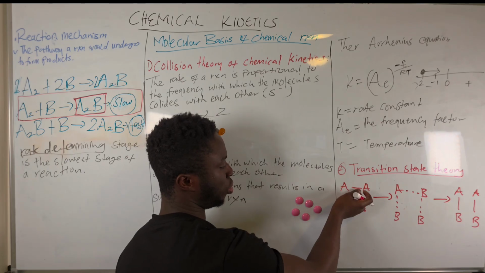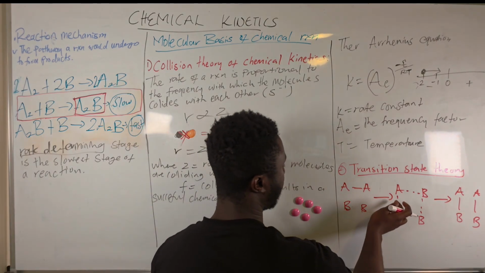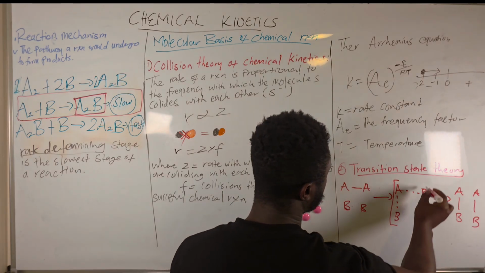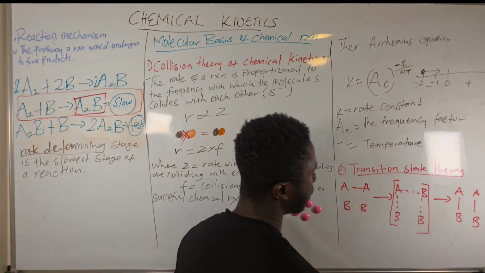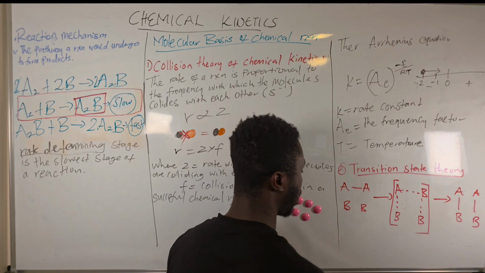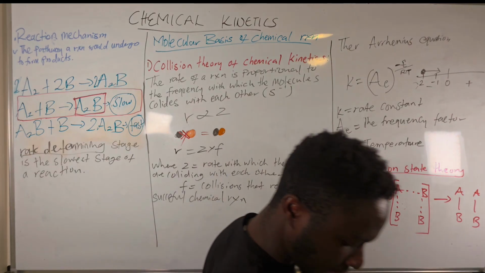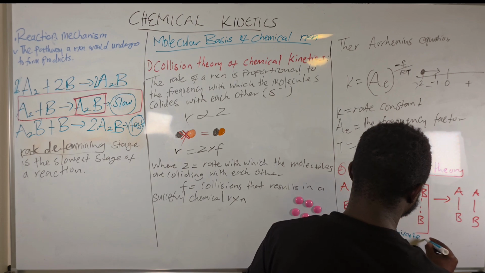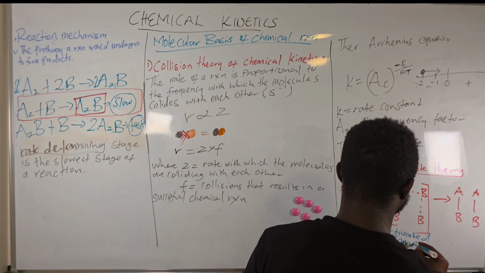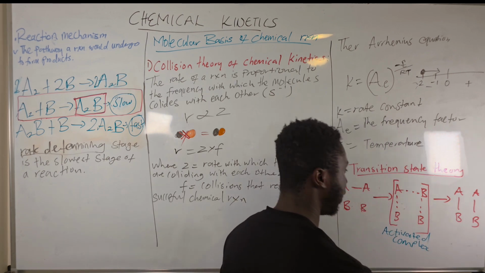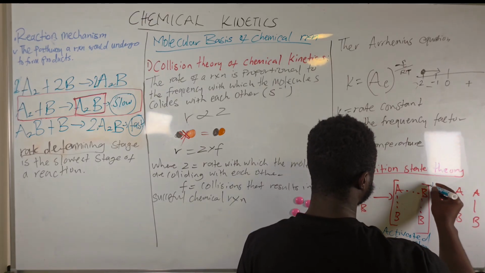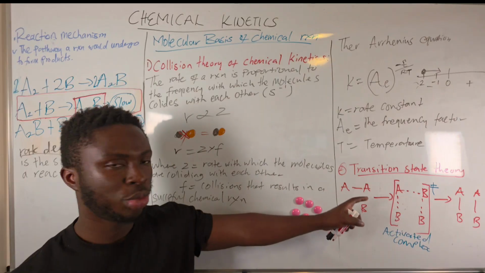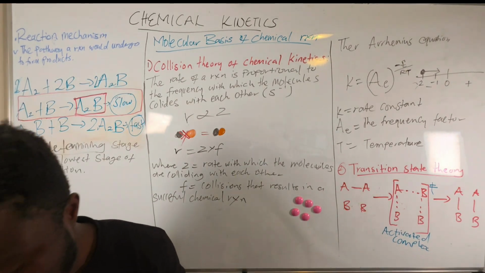Part of this bond will be broken, and partial bonds are going to be formed. So we could put this in a bracket over here. This state is what we call the activated complex, and it is represented by this cross sign over here, to form the product that we finally need.